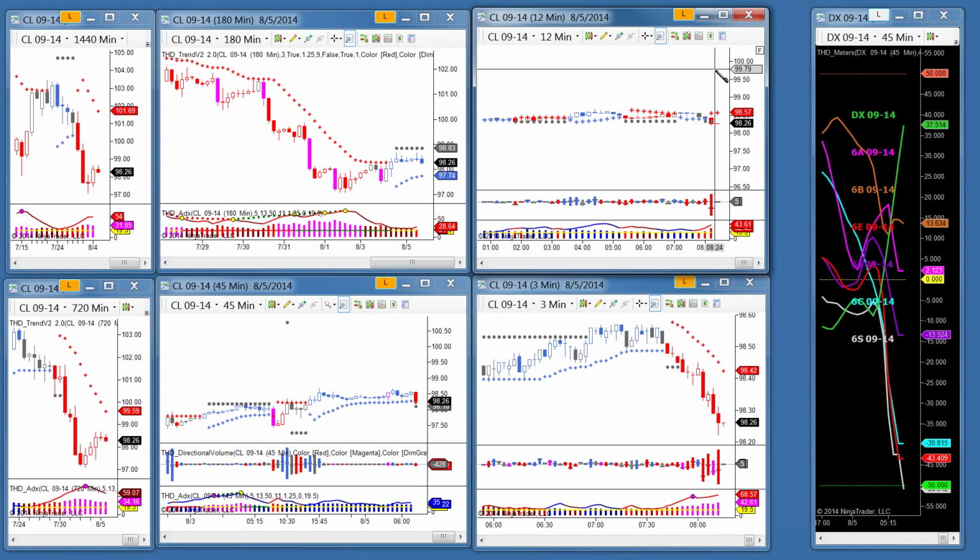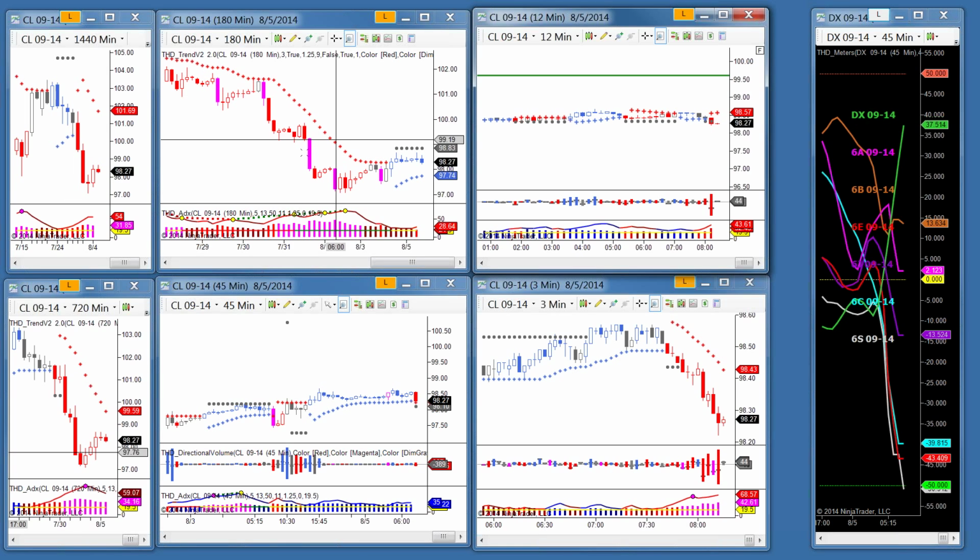And I would put 99.59 over on my lower time frame. The reason is that's just a reminder that we have an ATR there that could potentially act as resistance if price begins to move up.